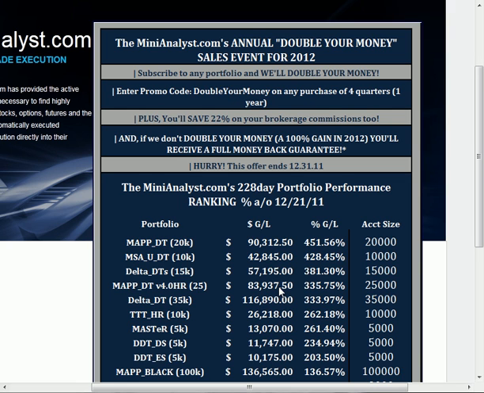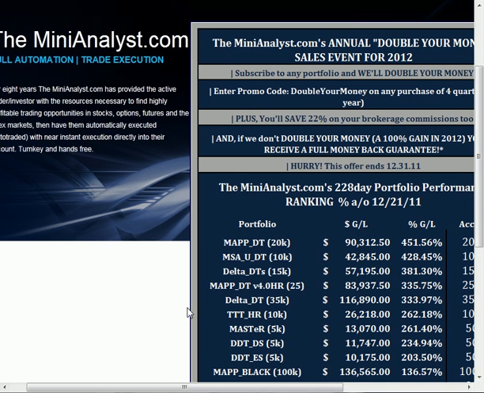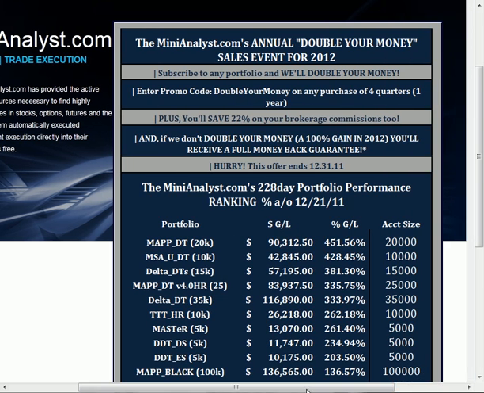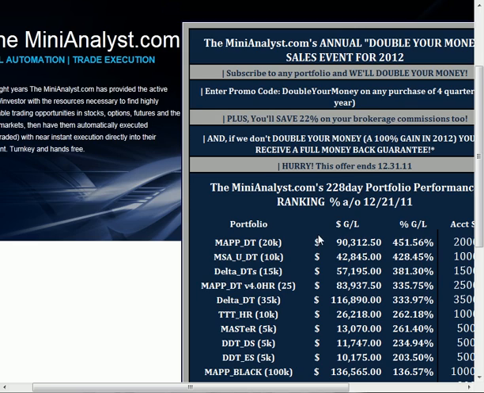If we don't double your money, you get your subscription fee back, the fee that you pay us for a yearly model. That's for 2012. Unbelievable deal, and not too many people are out there saying we'll double your money or your money back. So that's a pretty impressive guarantee. But when you're putting up returns in the triple digits, the mid triple digits, then you can certainly back up your claims and these are real world tracking.